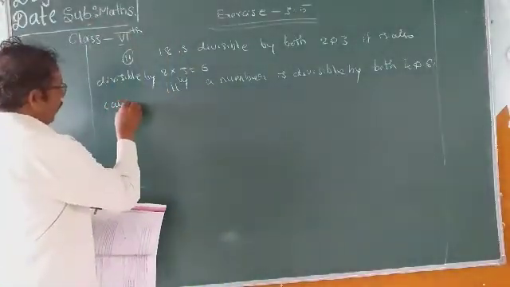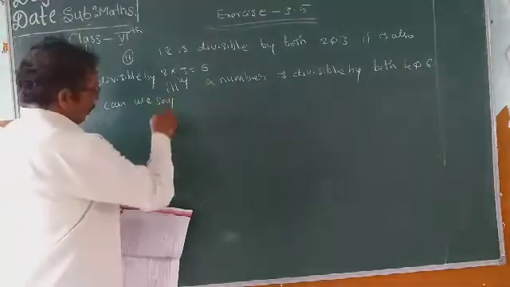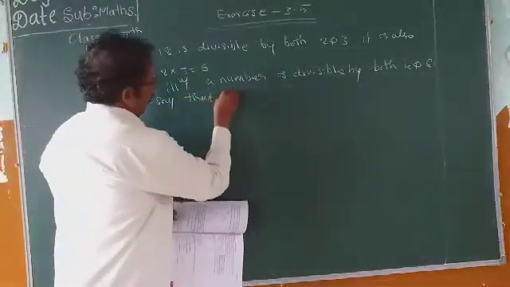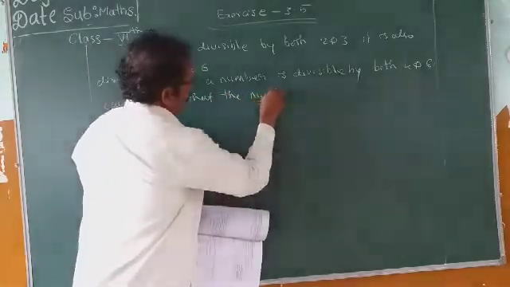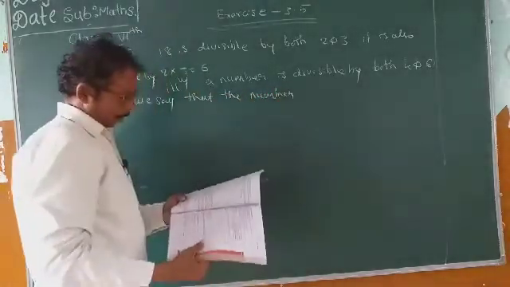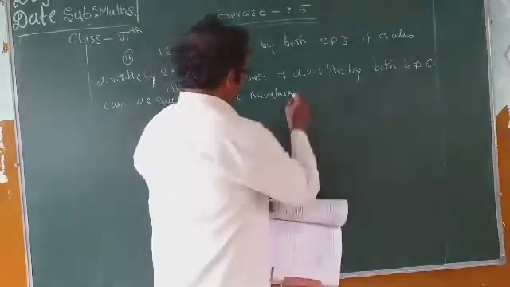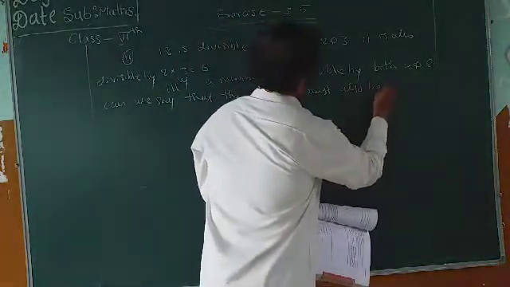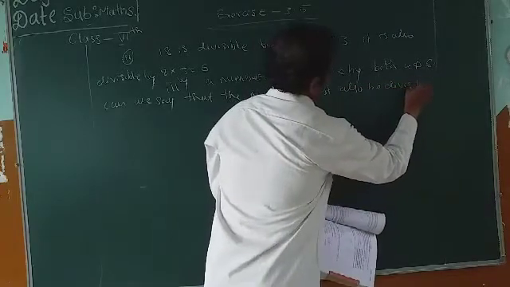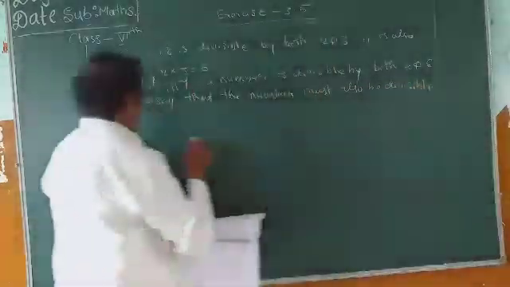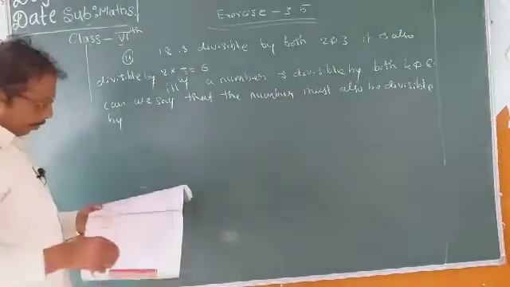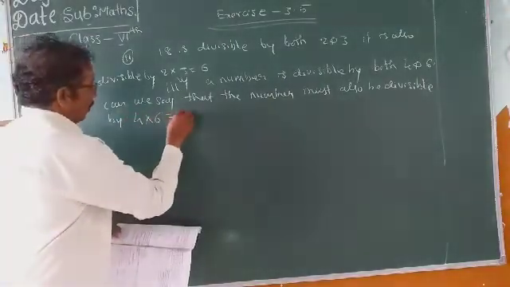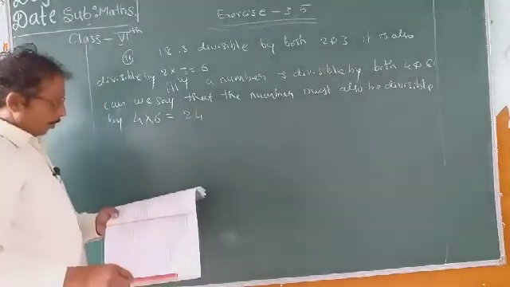Can we say that the number must also be divisible by 4 into 6 is equal to 24?